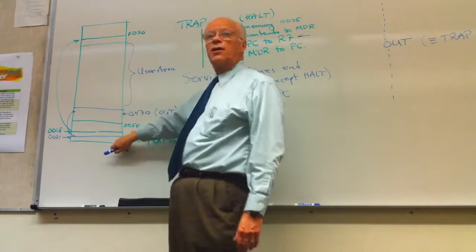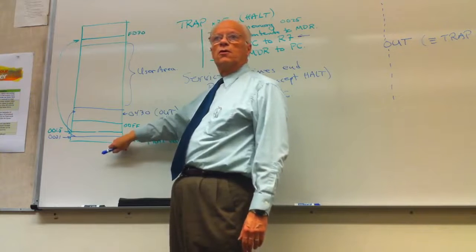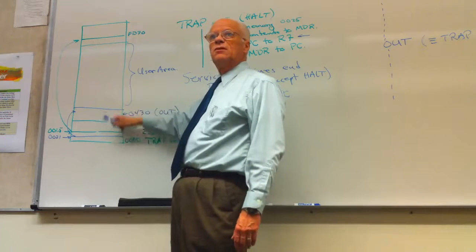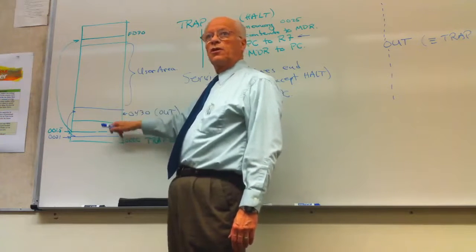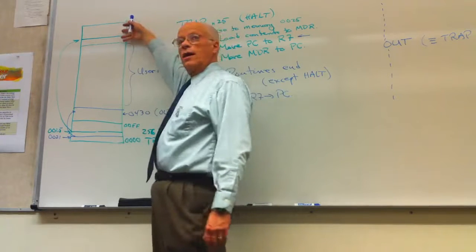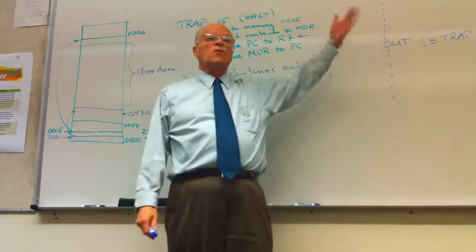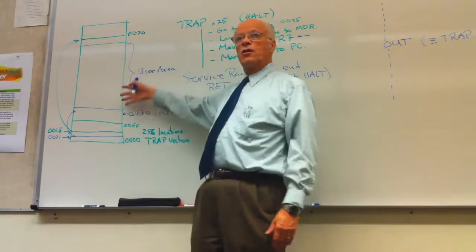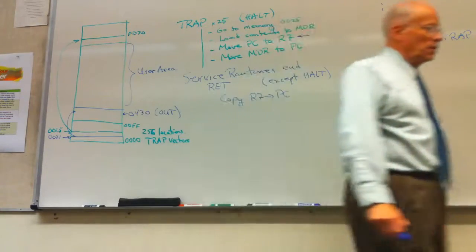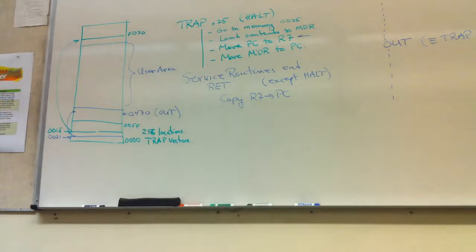You can't start down here at 0 because that'll mess up all of these things. You can't be too high up because it'll mess up these. But within a range here, you can play with it a little bit and use it however you need to.